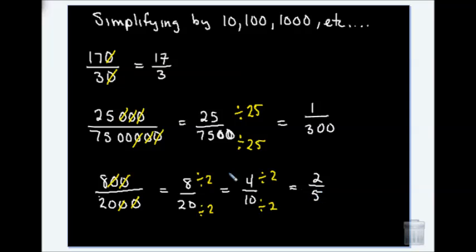Or maybe I saw from the beginning and I divided by 4 and went straight to 2/5. But 8 over 20 is nicer to deal with than 800 over 2,000. So the beautiful thing about extra zeros on the numerator and the denominator: if you have a 0 on top and 0 on bottom, they cancel each other out. Easy reducing.